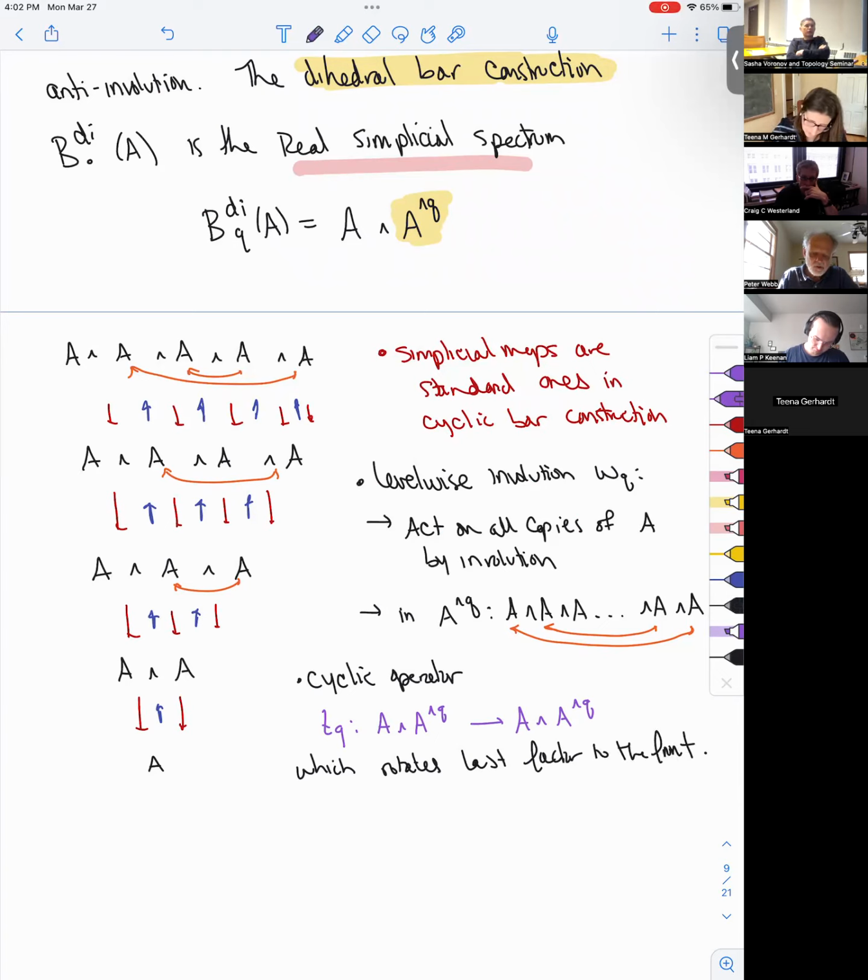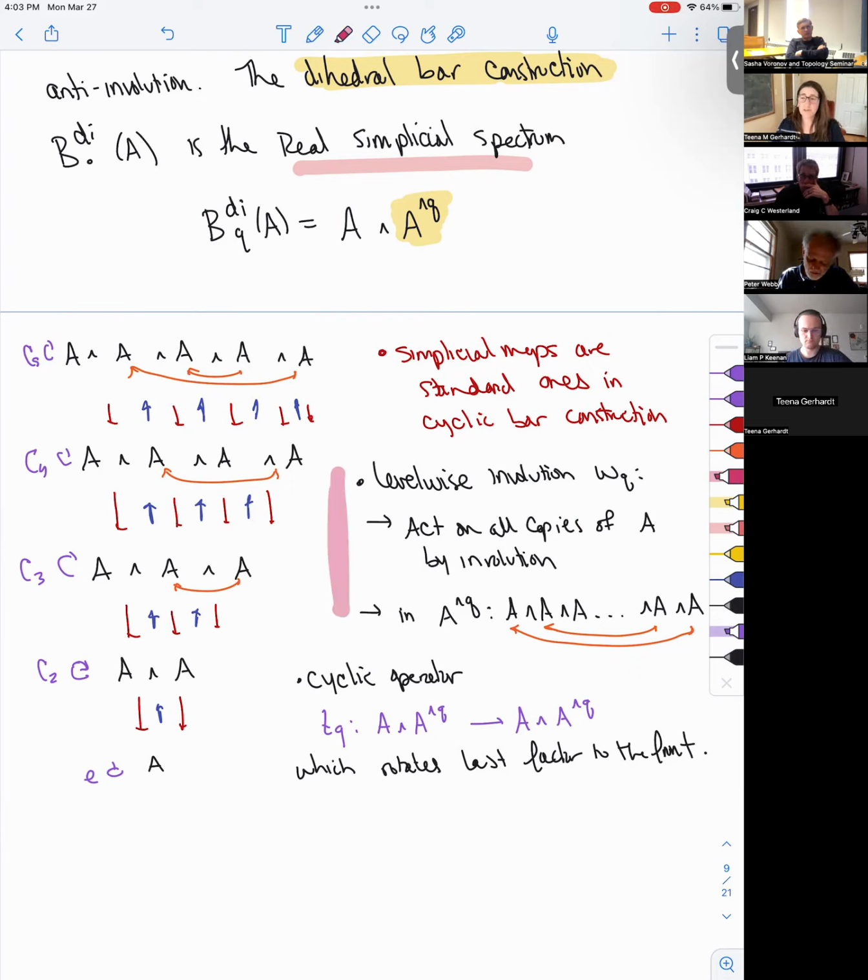So that gives me a cyclic group action. I've got C2, C3, C4, C5, the trivial group. And this is my dihedral bar construction. It looks just like the cyclic bar construction with the addition of this information from the involution.